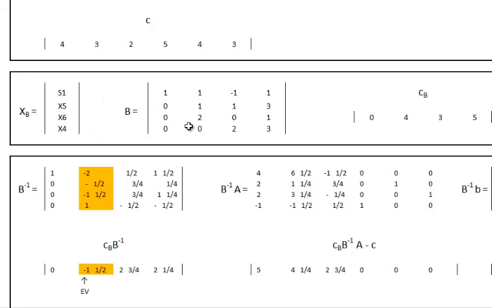Based on that, b is formed, cb is formed, calculations are performed, optimality conditions are calculated, CBB inverse A minus C and CBB inverse are calculated. There is no negative number in here, but there is a negative number in here, and this is associated with S2.